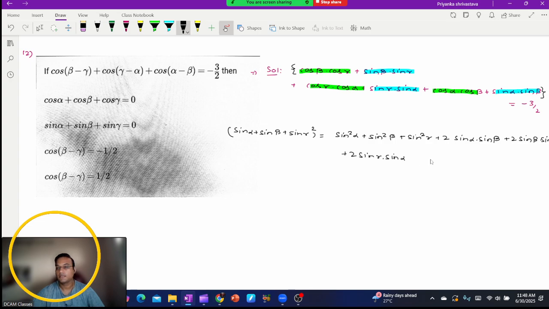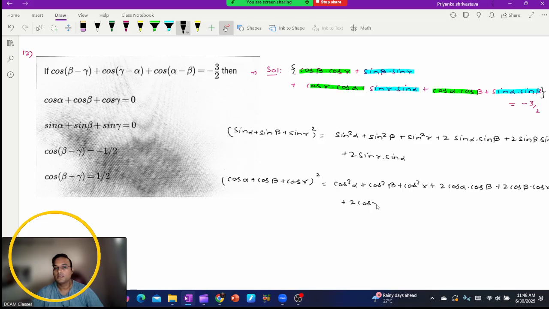Similarly, if I take cos alpha plus cos beta plus cos gamma whole square, I'll get cos square alpha plus cos square beta plus cos square gamma plus 2 cos alpha cos beta plus 2 cos beta cos gamma plus 2 cos gamma cos alpha. Right? Let's say this is first equation, this is your second equation.